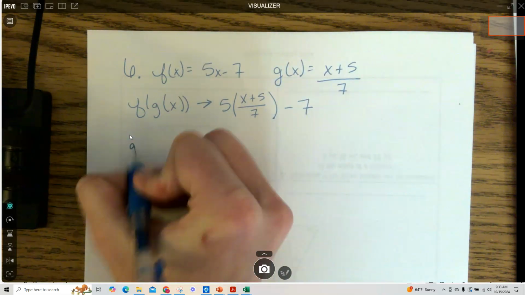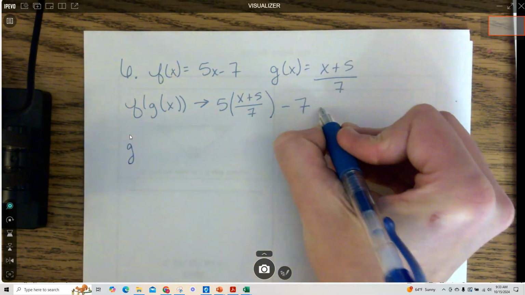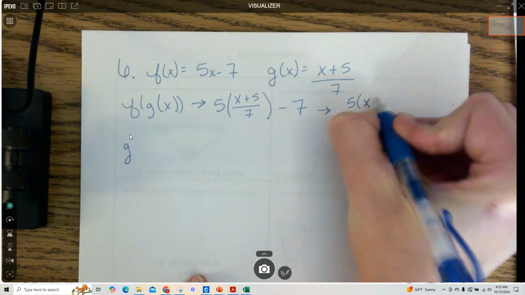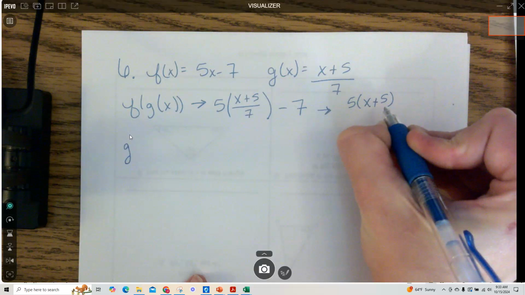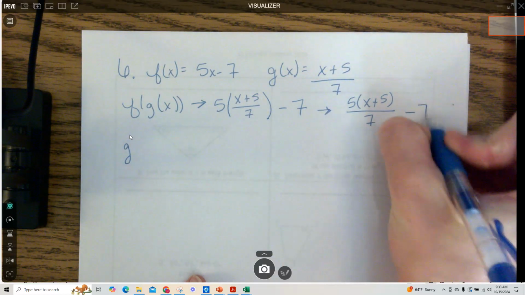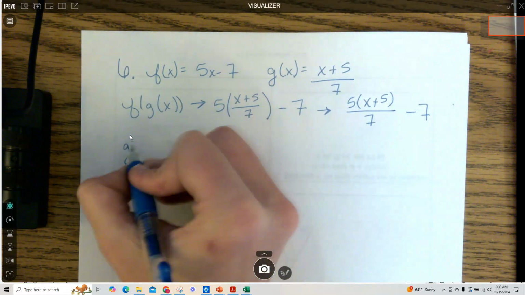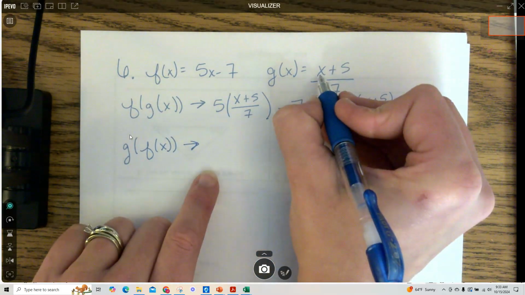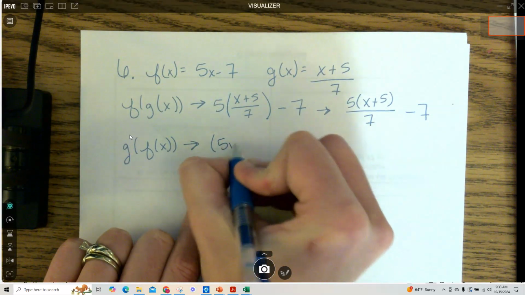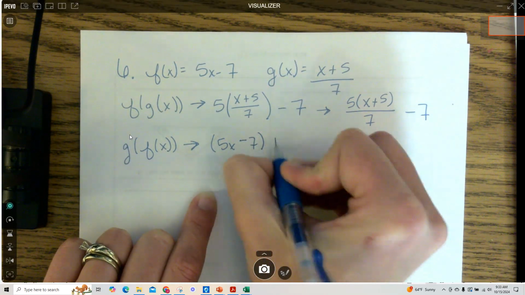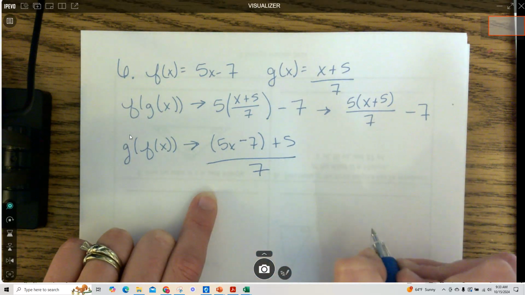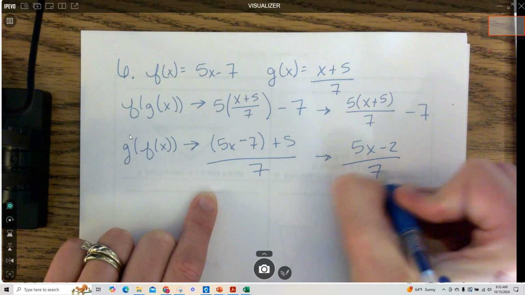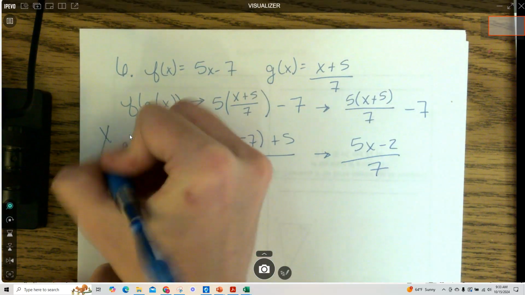It simplifies to 5x plus 5 over 7 minus 7. g of f of x would be 5x minus 7 plus 5, over 7. Again, it's not going to simplify. So not inverses.